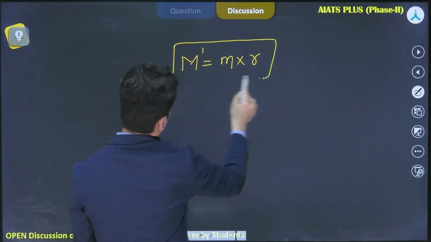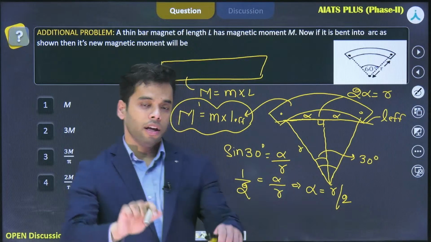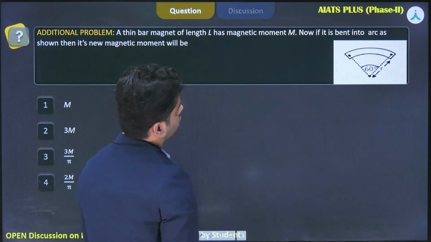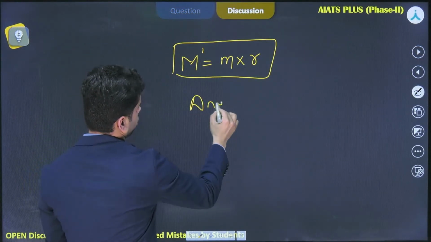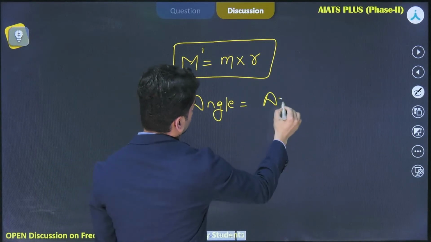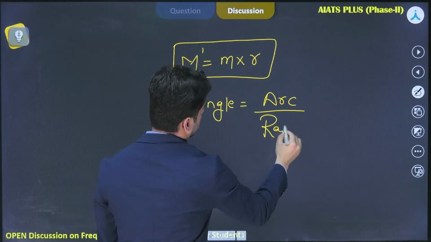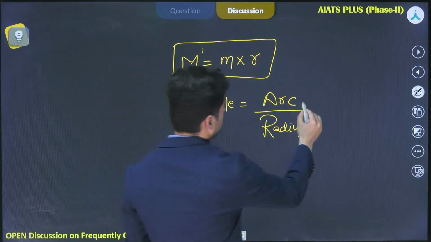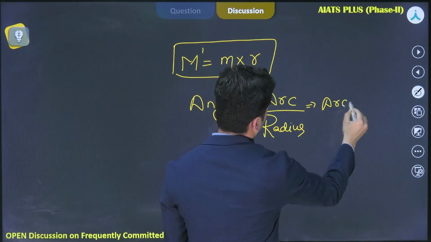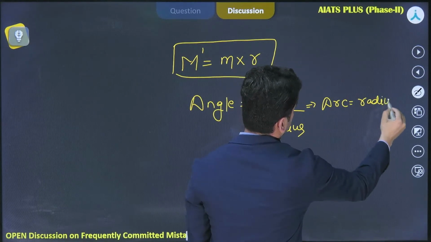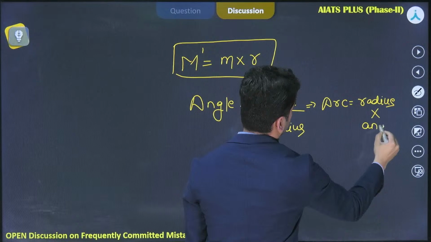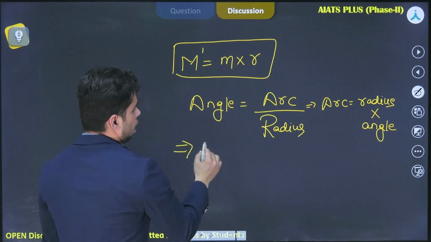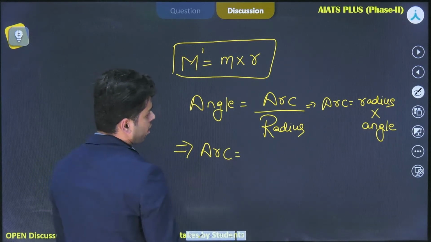Now how to find this R? Again, use the concept that if a bar magnet is molded into this arc, then the length should be equal. For finding the length of this part, I'll use the relation angle equals arc upon radius. So the arc should be equal to radius into the angle.